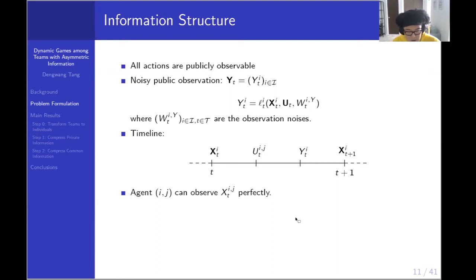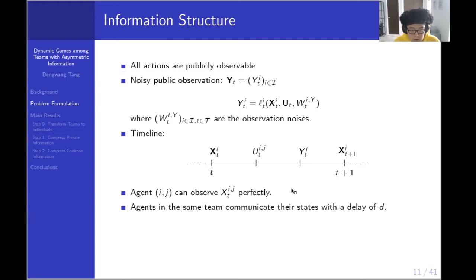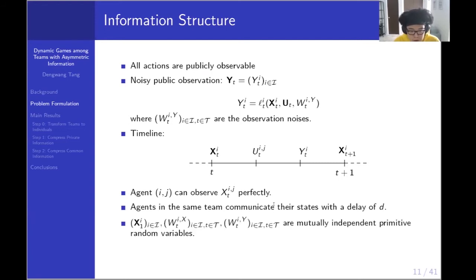In addition to that, each agent ij can observe their own component of their team's dynamic system perfectly with 0 delay. And within the same team, the agents communicate this perfect observation of their states with a delay of d. So as you can see, there's also asymmetric information within the team.